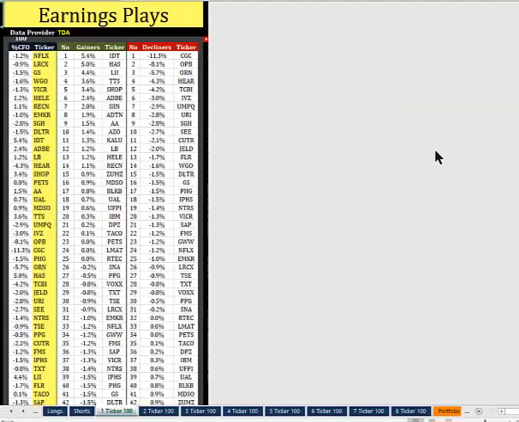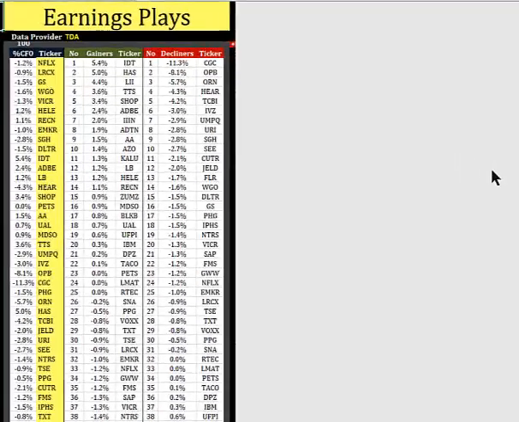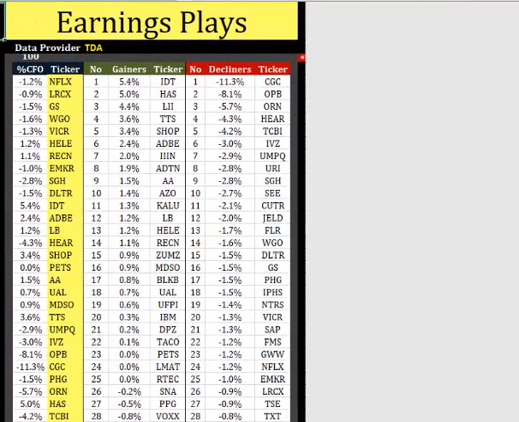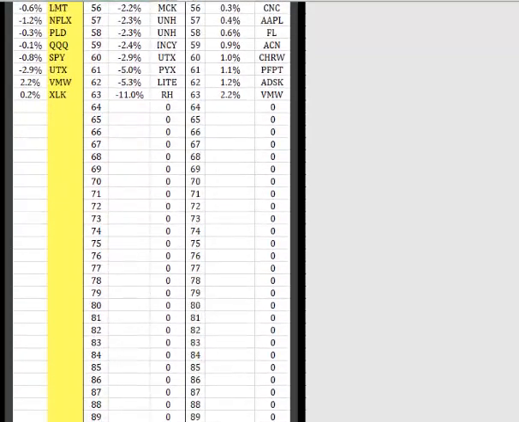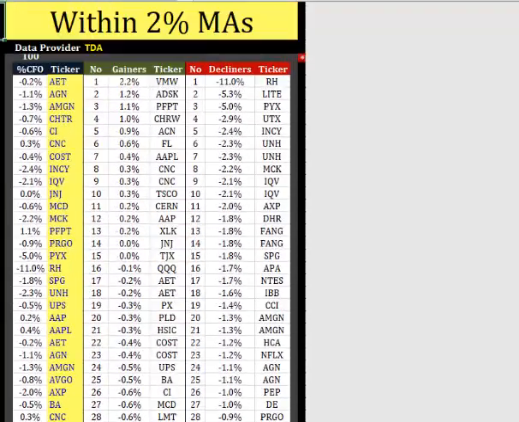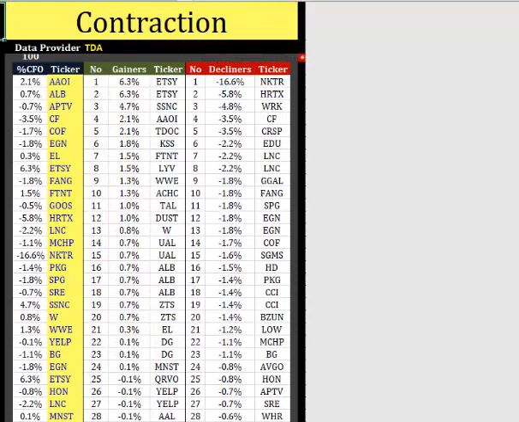Same for shorts. 1 through 8, the ticker 100. You can put in 100 tickers and have 8 watch lists. Here's an example of some of the watch lists that I have. Earnings plays within 2% of the moving averages, and notice I don't have them all filled in, just the ones I'm interested in.